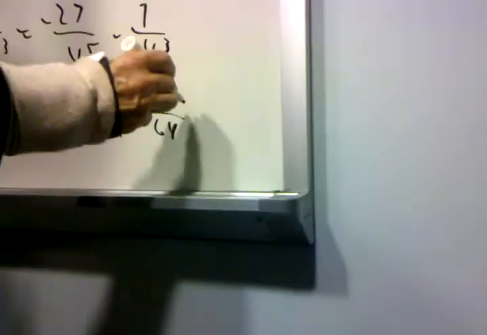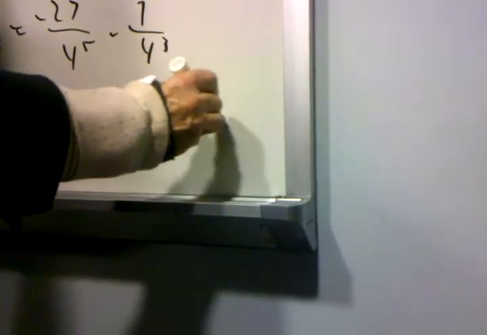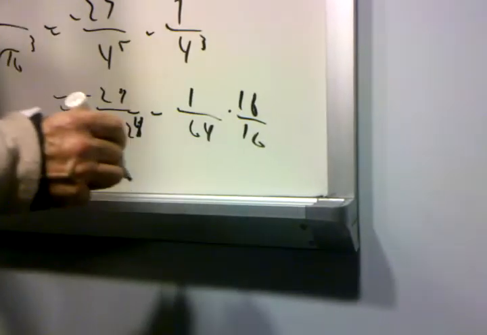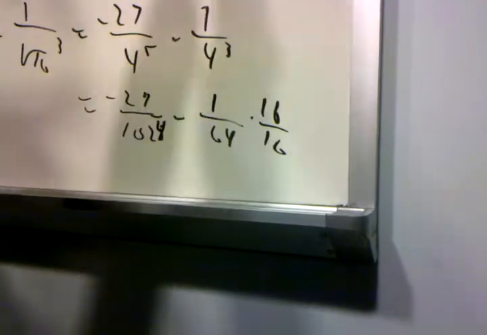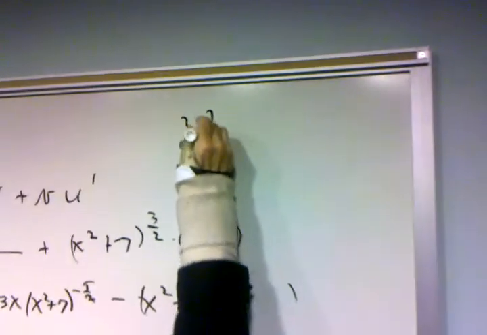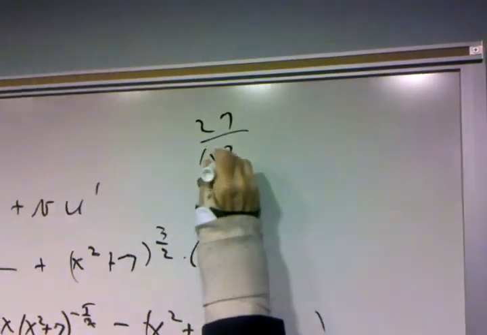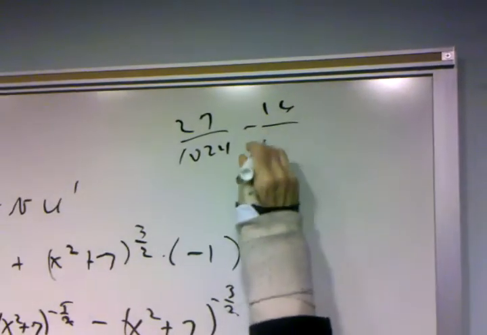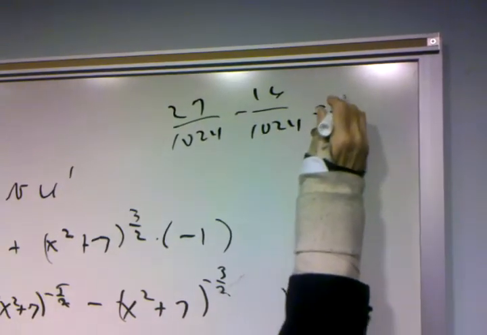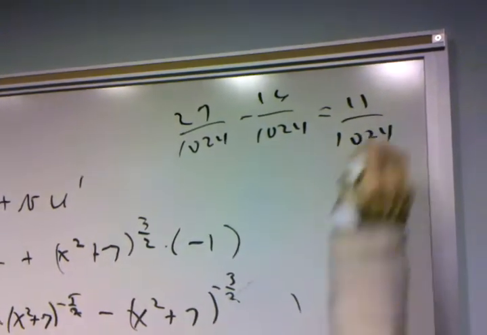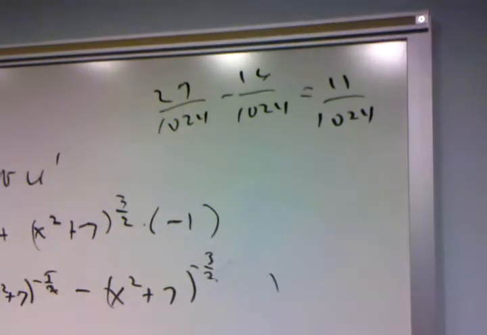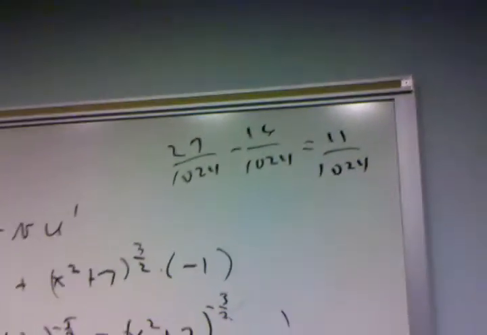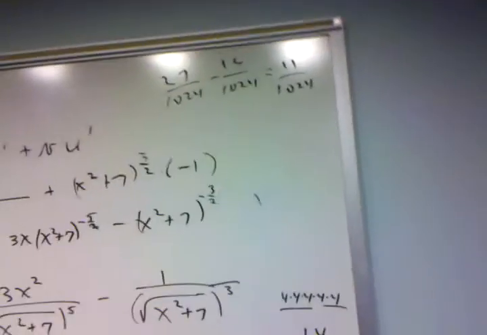I multiply this by 16 over 16, so in both cases the denominator is the same. We're going to have minus 27 over 1024 minus 16 over 1024. It's going to be minus 43 over 1024. That is the final answer. If you were doing it without a calculator. Yes. Right. All right. Yeah.